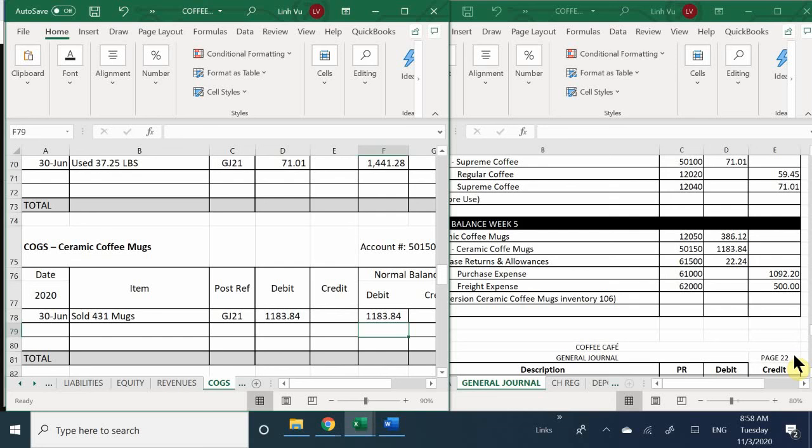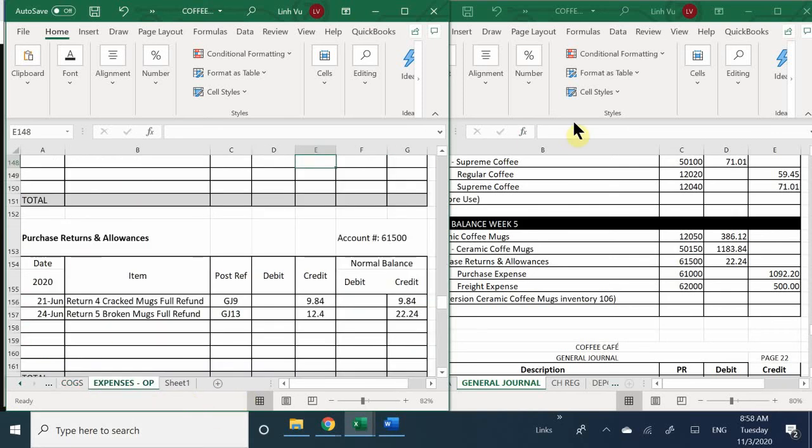Then we got to go to purchase returns and allowances. That's in the expenses. Okay, here I am in purchase returns and allowances. So it is the 30th.